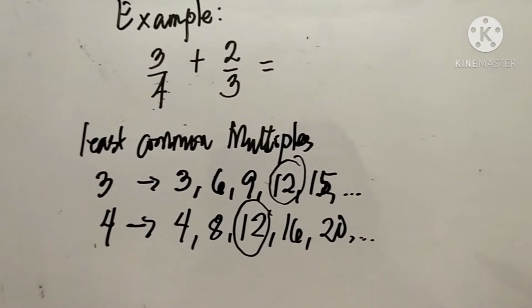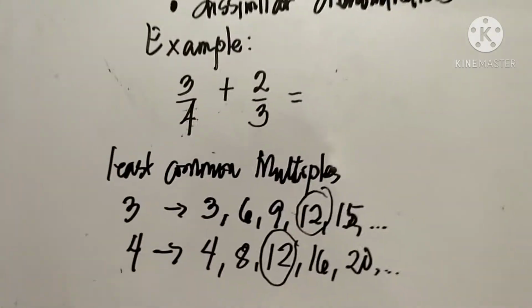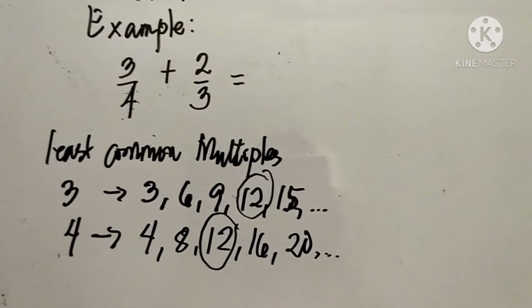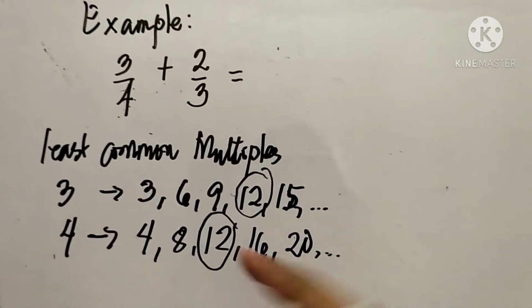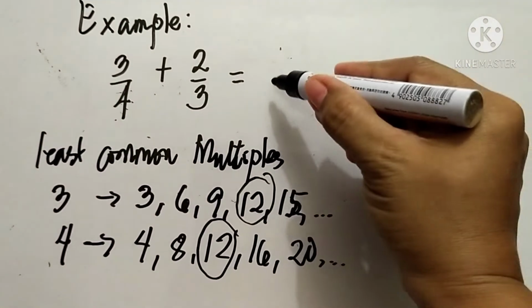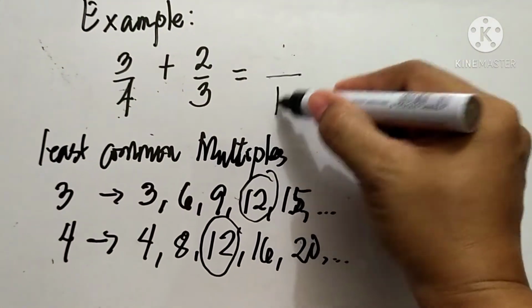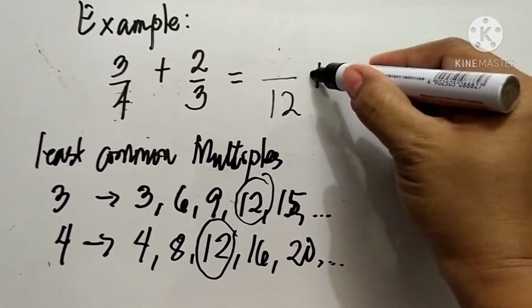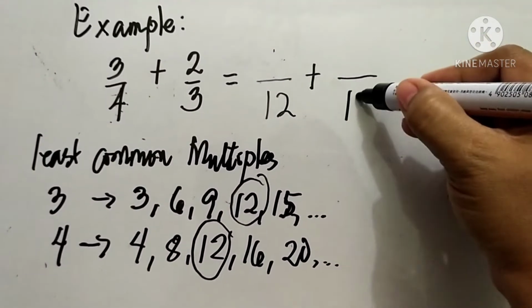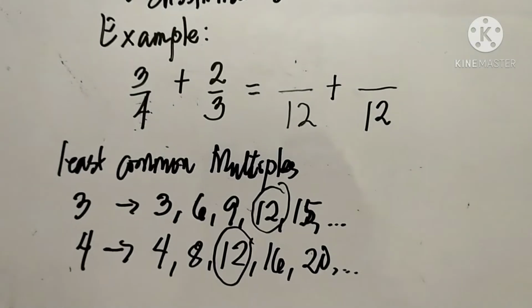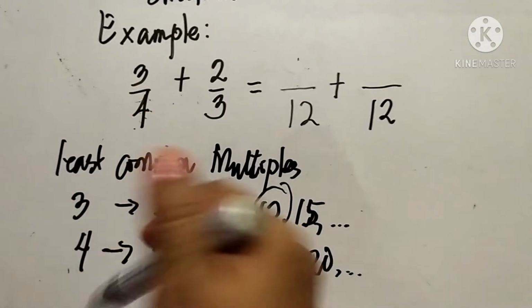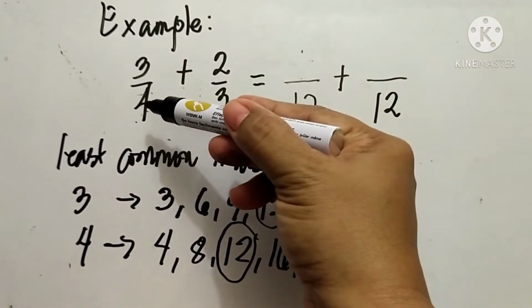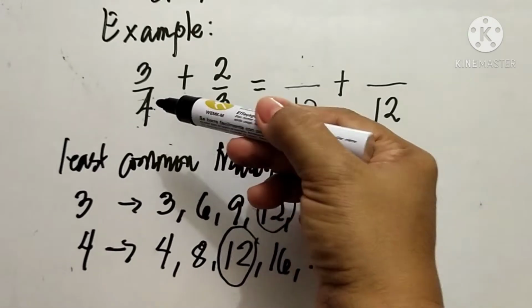Okay, here, so we need to make our denominator into 12. What do you need to multiply to 4 to make it 12?